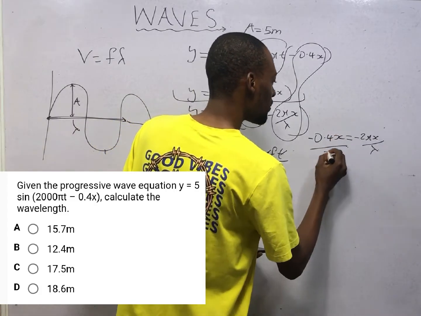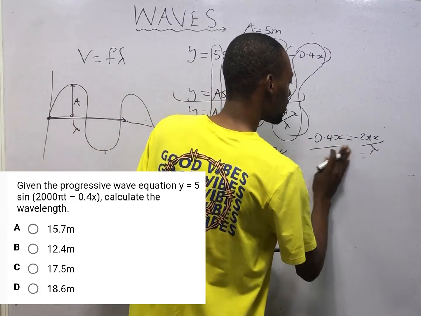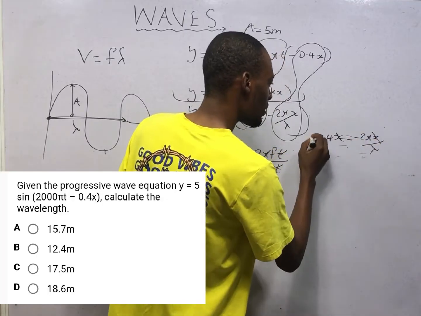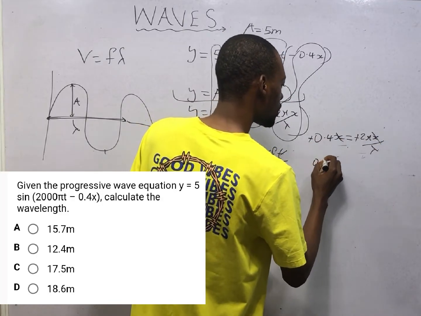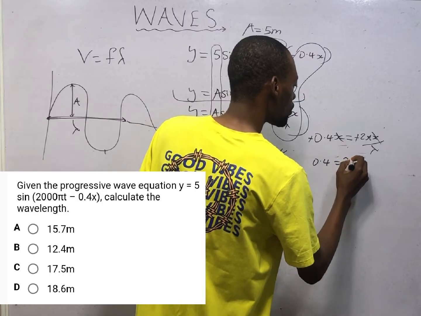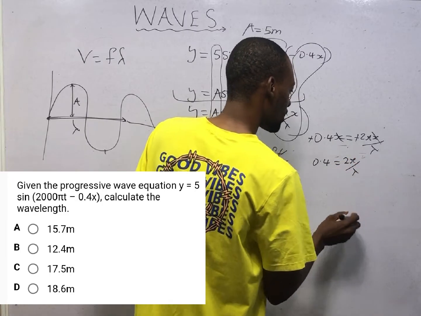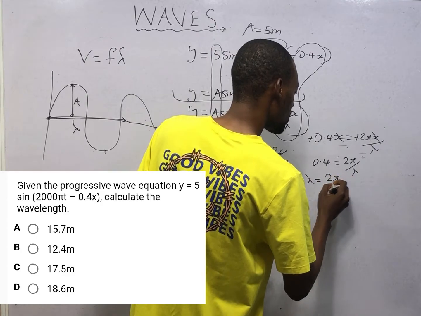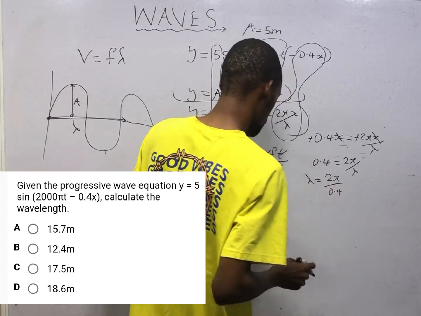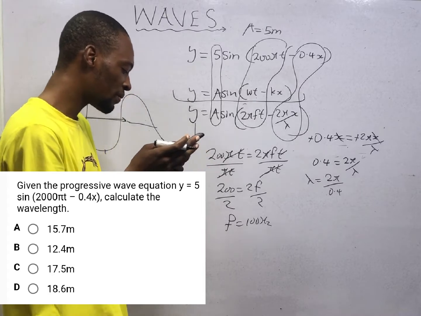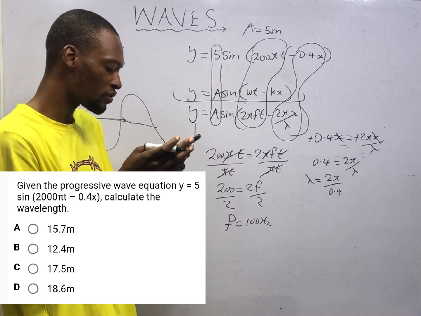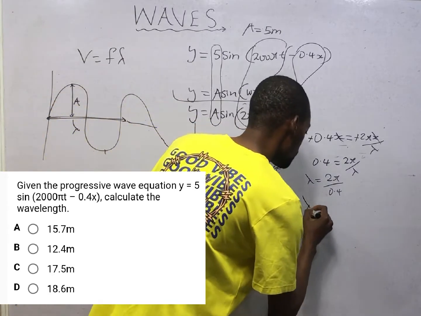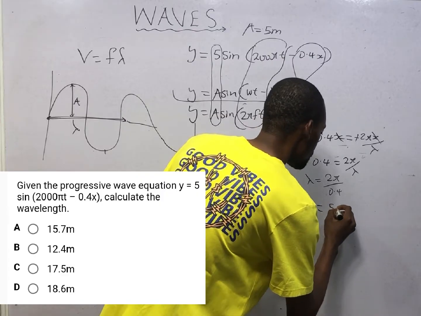So dividing both sides by s, this s cancels this s, minus cancels minus, you are left with 0.4 is equal to 2 pi over lambda. Lambda is equal to 2 pi over 0.4. That is the value of lambda, and 2 pi over 0.4 is the same thing as 5 pi.